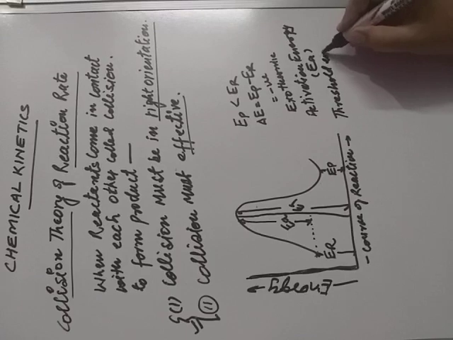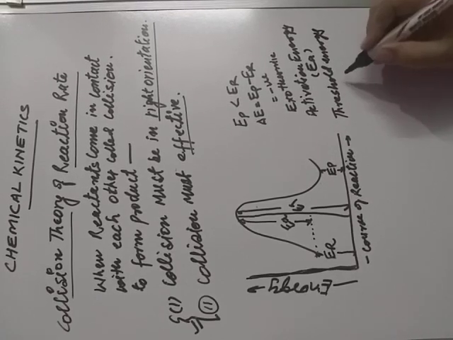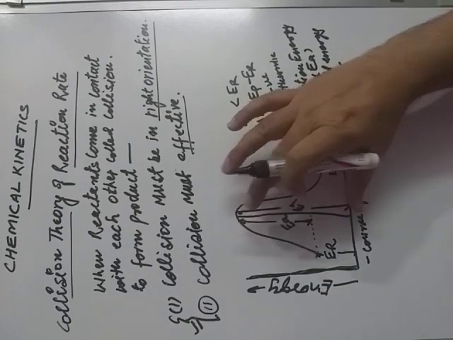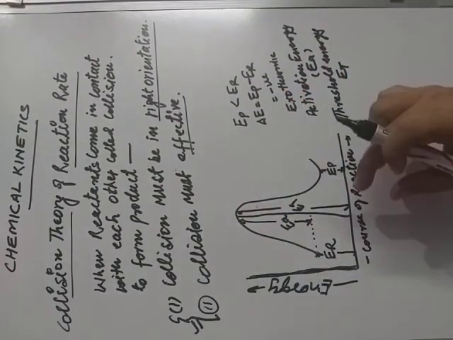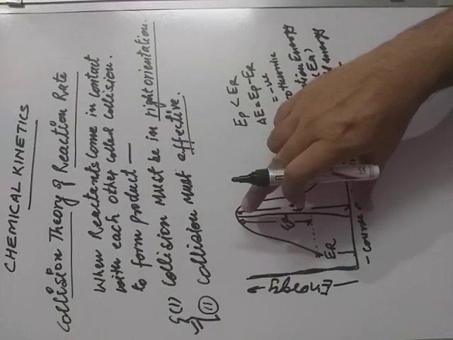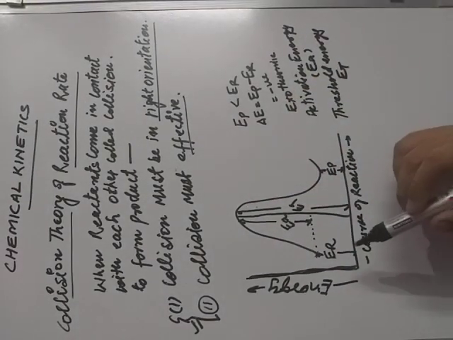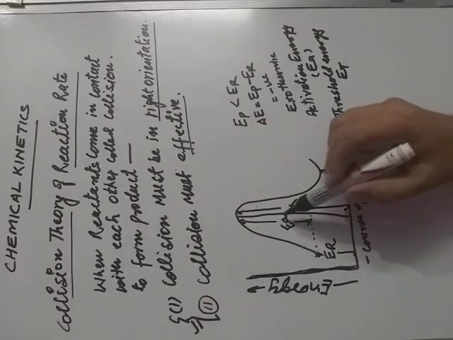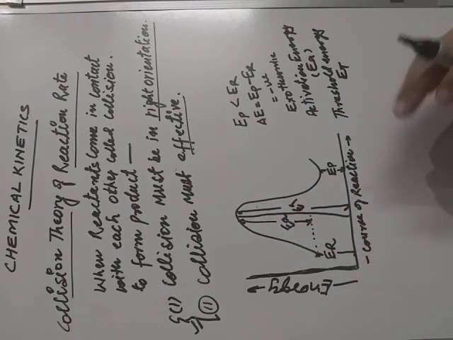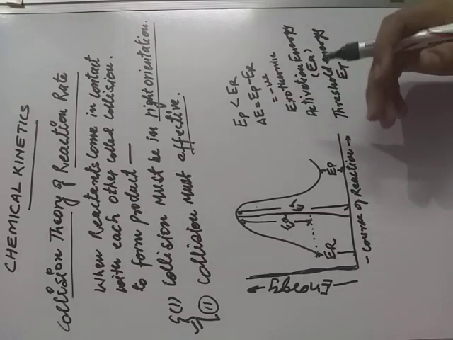So what is the total energy required for the reactant to convert into the product, or we can say to cross the energy barrier, or we can say the reactant requires this much energy, that is activation energy, to cross the energy barrier. In both ways we can explain the effective collision.